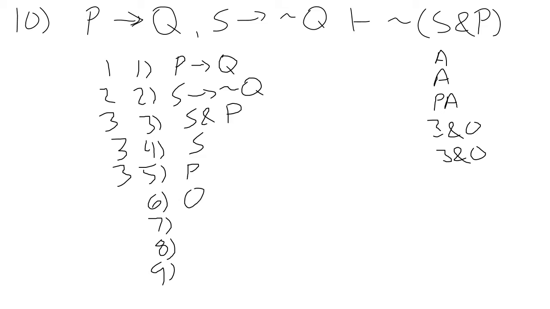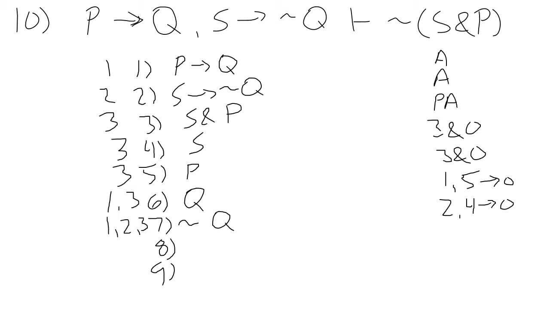So I can write Q from 1 and 5, arrow out, 1 and 3, and not Q from 2 and 4, arrow out, 1, 2, and 3, and then Q and not Q from 6 and 7, ampersand in.